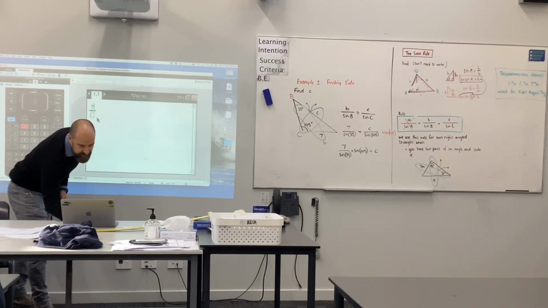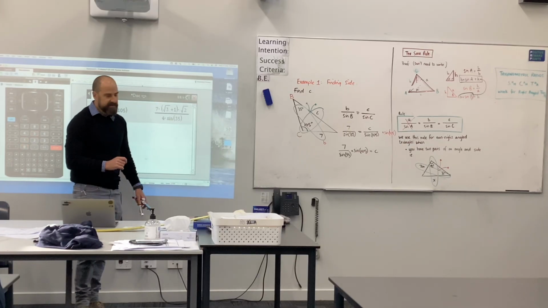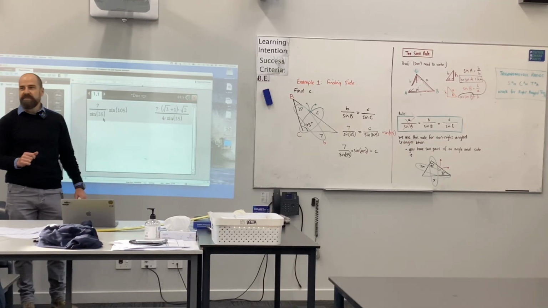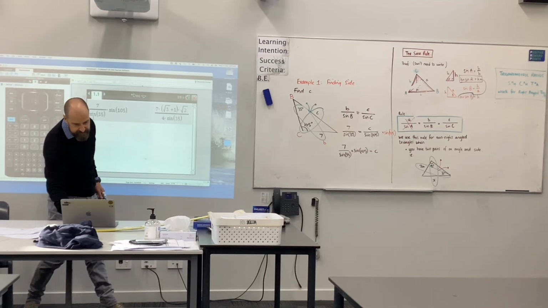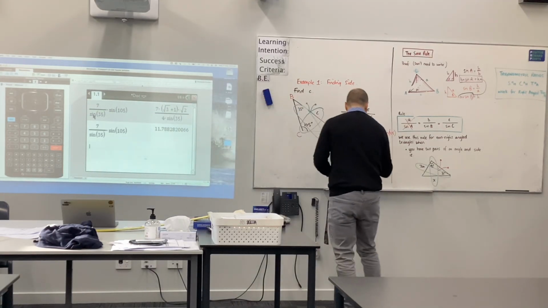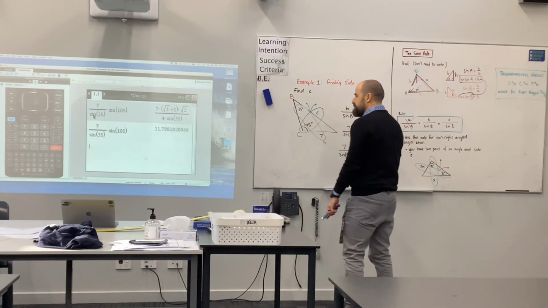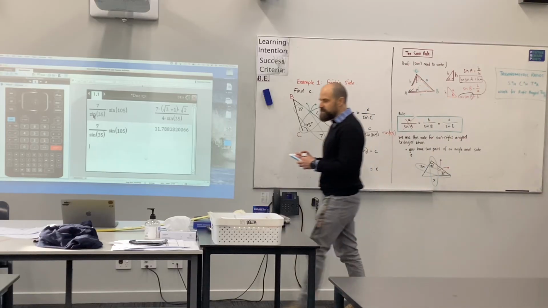And I had 7 over sine... What do we have? 35? Times sine 105. Hit enter. Now my calculator's in exact mode, gives me something pretty funky. How do I get rid of that and get just like a nice decimal answer? 11.8. And we don't have units. We didn't know if it was centimetres. We don't have to go any further.